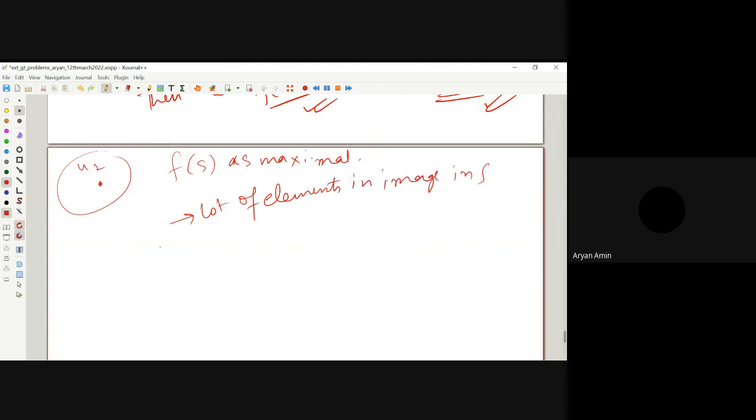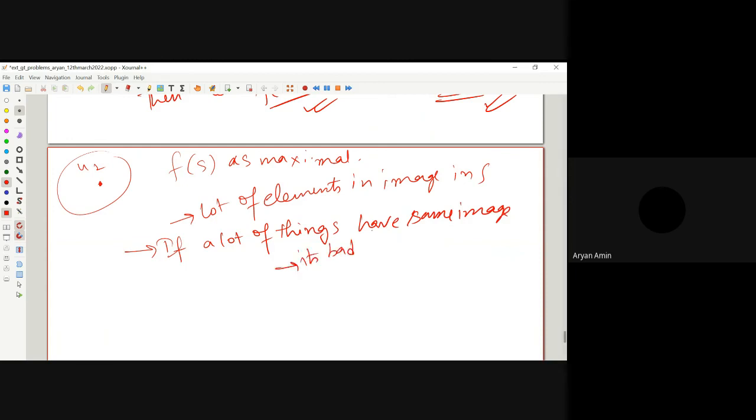So if a lot of things point towards the same element, have the same image, it's bad for maximality, right?